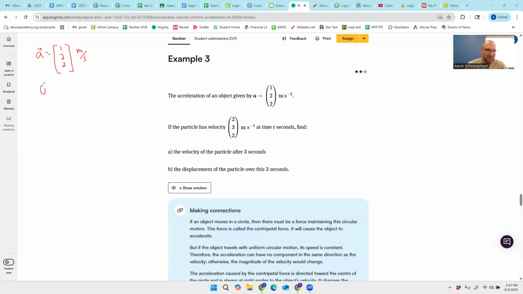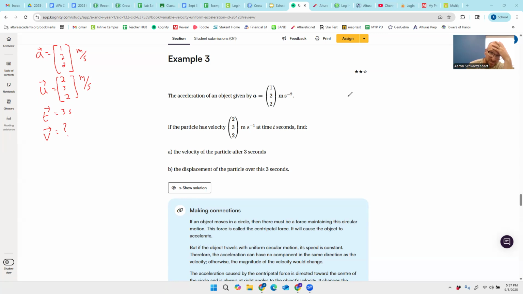My U here, for my initial velocity, is 2, 3, 2. I'm told T equals 3. I'm asked to find V in the first part, and then I'll be asked to find S.